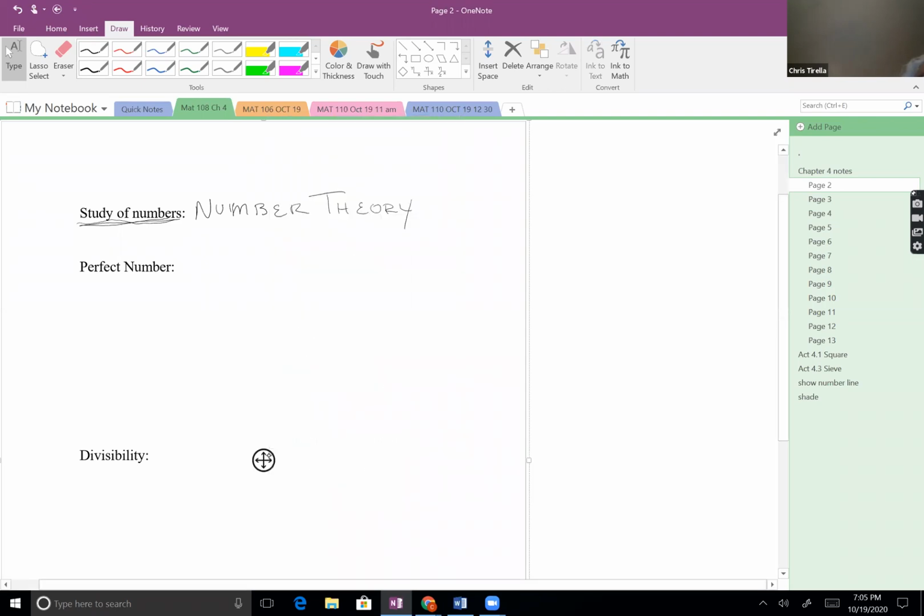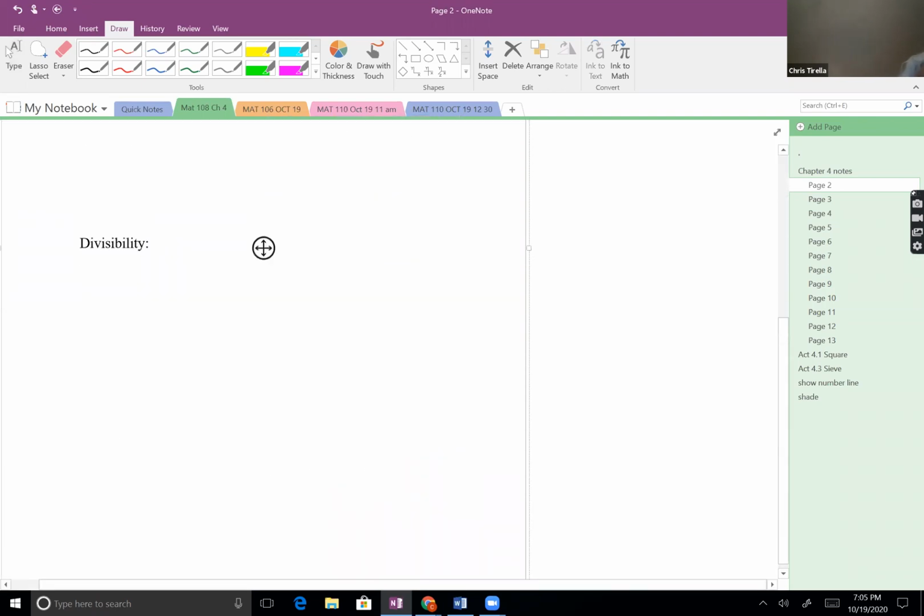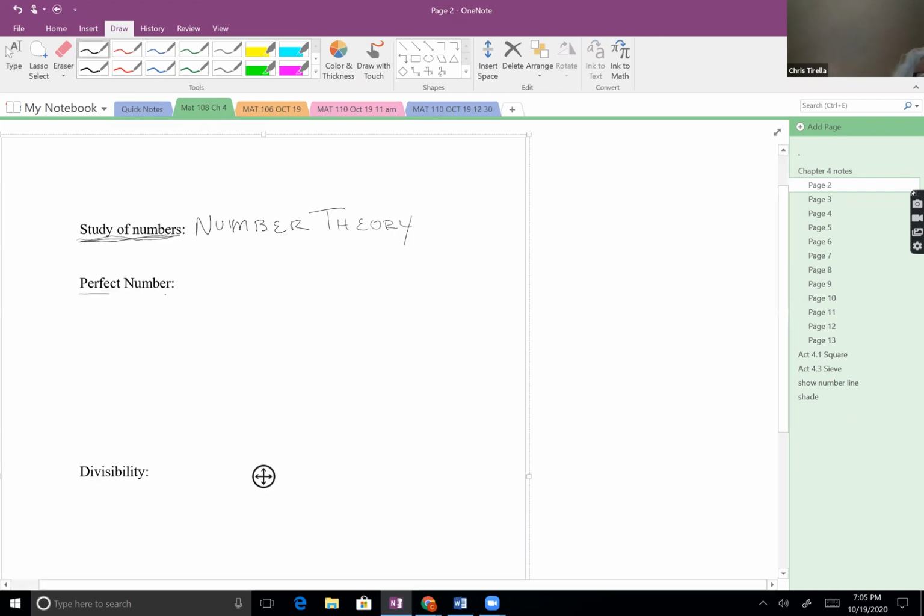So number theory is the study of numbers. One thing that an older edition of the textbook talked a lot about, that this one doesn't, but I feel it's worth mentioning: has anybody ever heard of a perfect number? A perfect number is a number that's equal to the sum of its divisors, excluding itself.